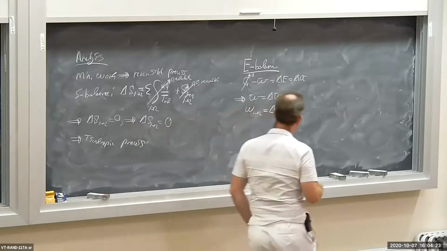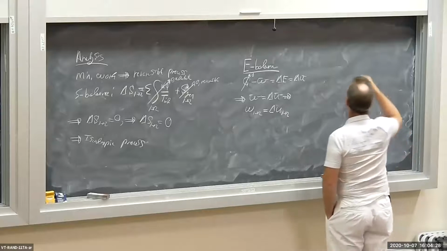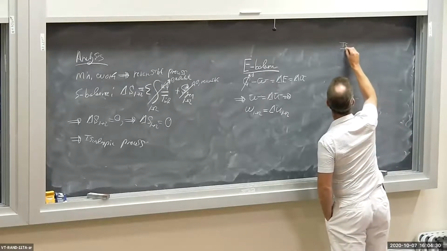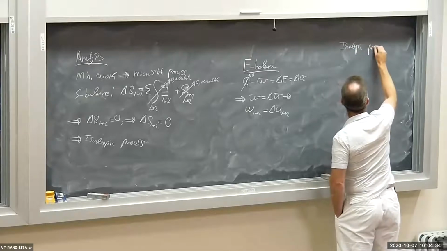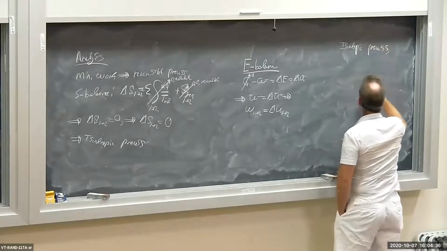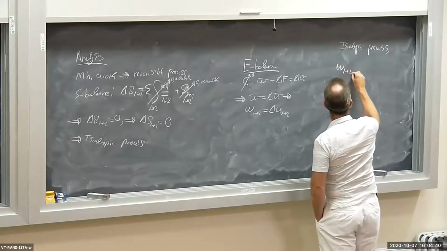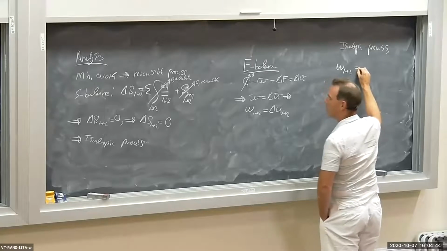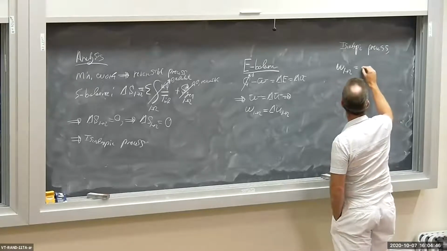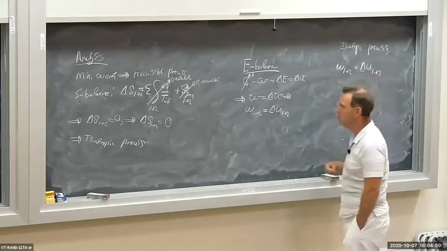So let me write right over here, isentropic process. And W from 1 to 2, in other words, our minimum work, because it's an isentropic, reversible, adiabatic process, is going to be equal to delta U from 1 to 2. Okay, so let's just leave this equation here.